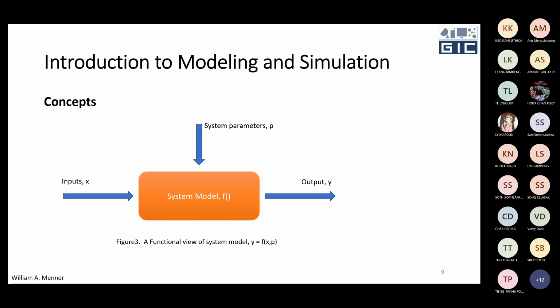For example, if I have a line equation, y equals ax plus b, we have x as input and a and b as parameters. Those a and b can be given as input from the user, or given as a constant value in the system. Just distinguish them. After that, you will get the output y.